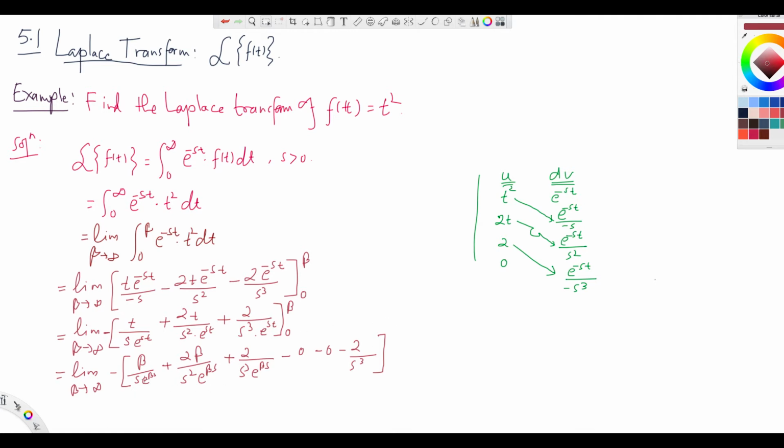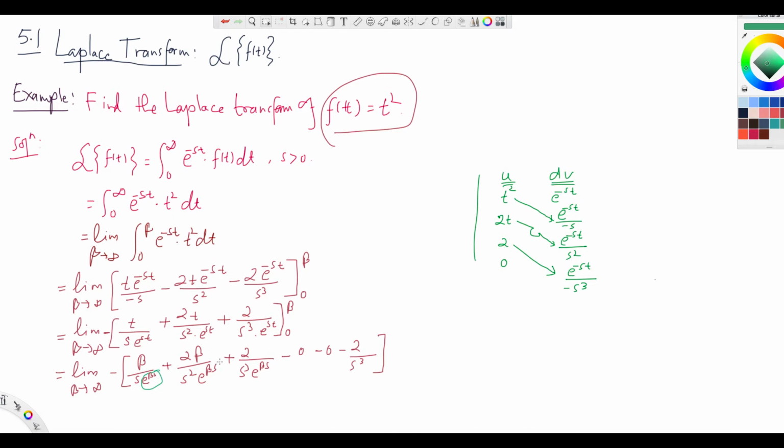Look at this. Similar to the Laplace transform of f(t) equals t, when beta tends to infinity, this term grows faster than this one.